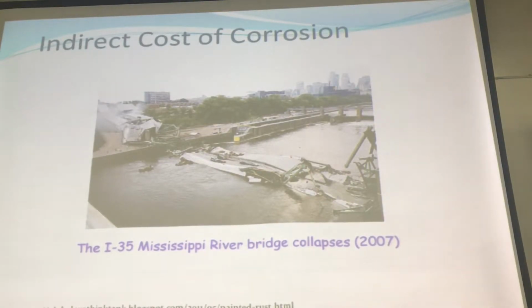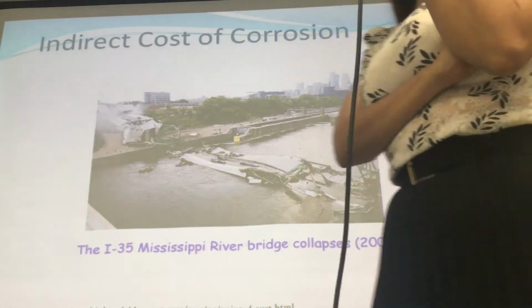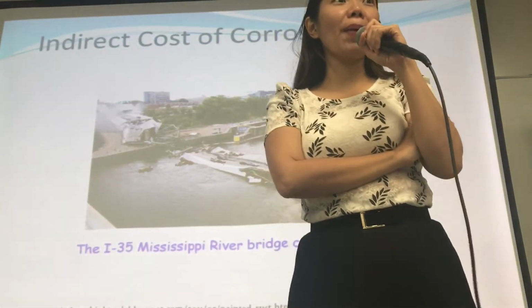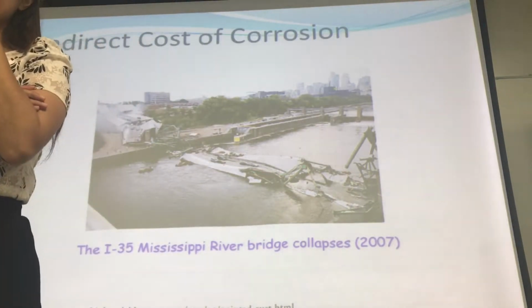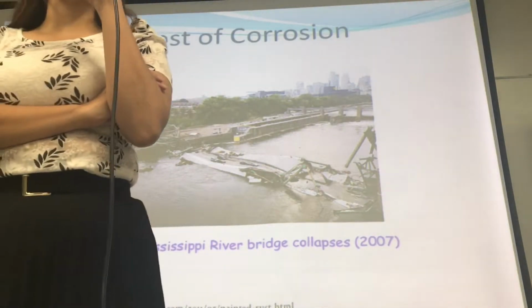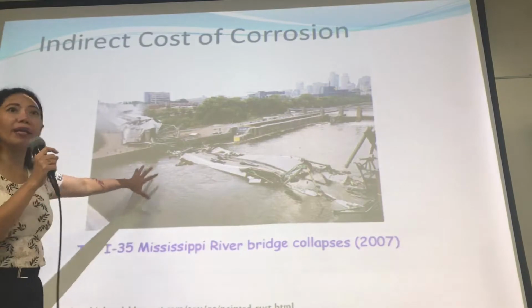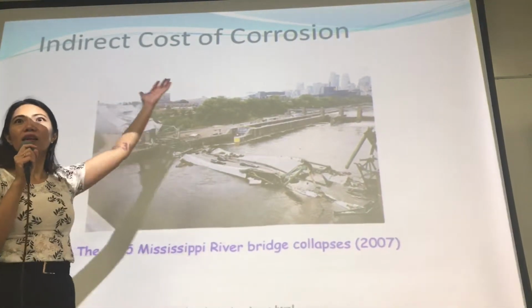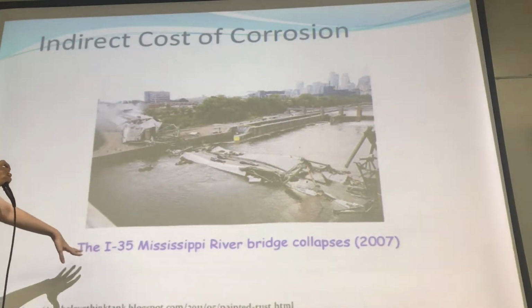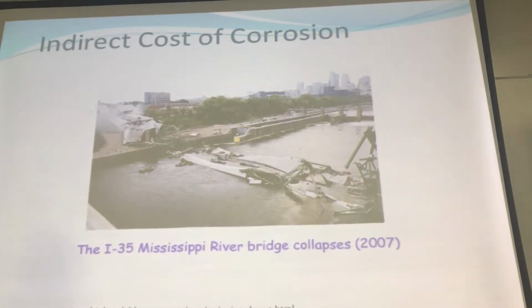But if the bridge has some kind of rust and lacks maintenance, what's going to happen? Would we change the bridge? We do maintenance of the bridge. But if we don't do the maintenance, this thing may happen. See that? The bridge just collapses, like the one crossing the Mississippi River.